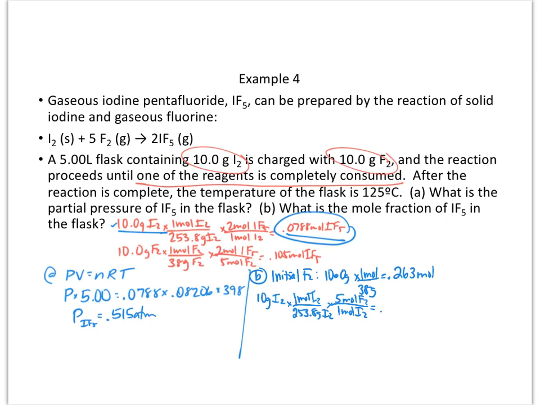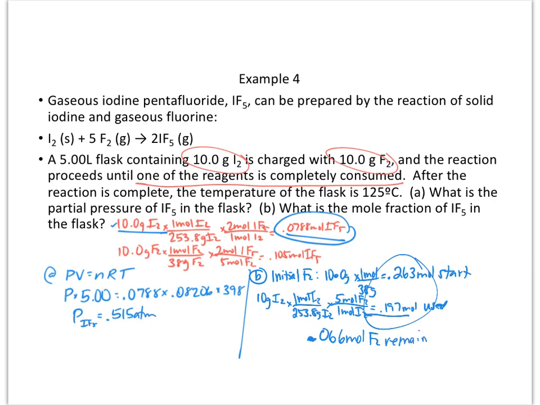So that gives me 0.197 moles of the fluorine were used. So I start with 0.263, I use 0.197, I subtract those two numbers to figure out how much is left, which is 0.066 moles of fluorine remain.